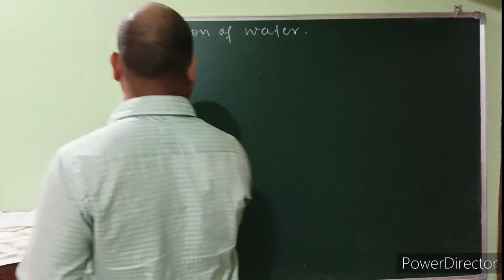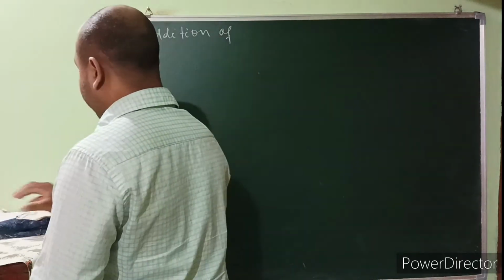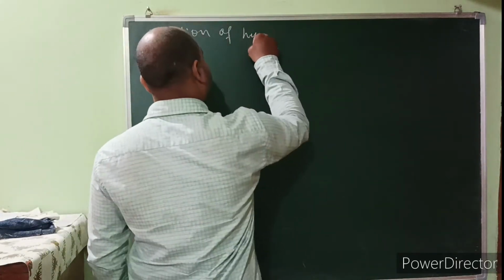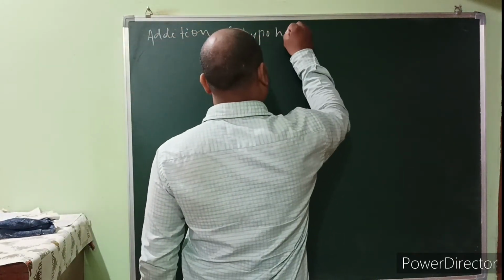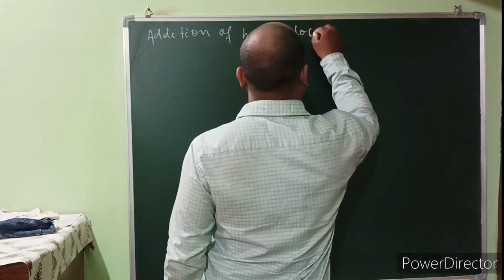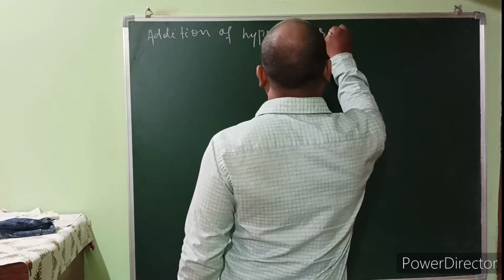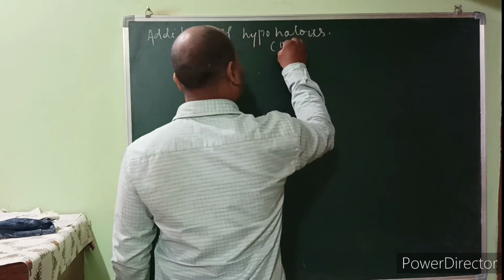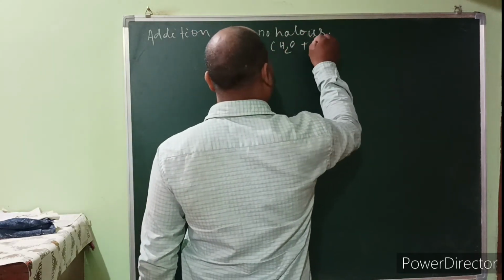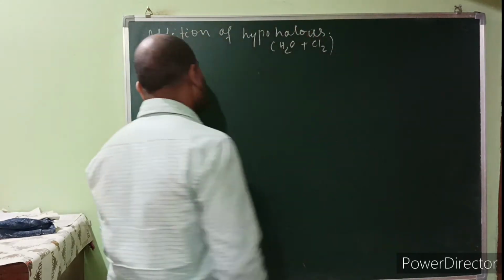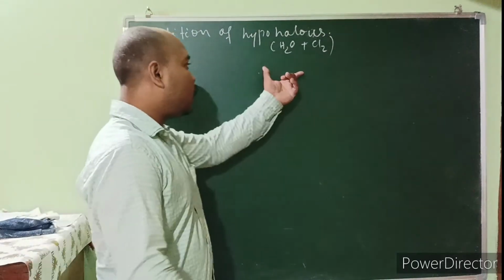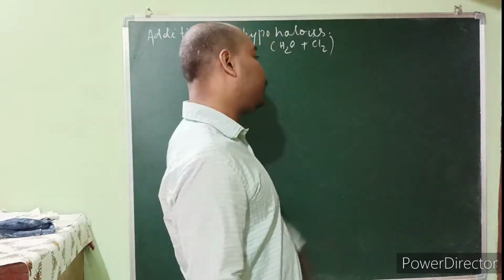Now we will discuss addition of hypohalous acid. Hypohalous means a mixture of water and chlorine.